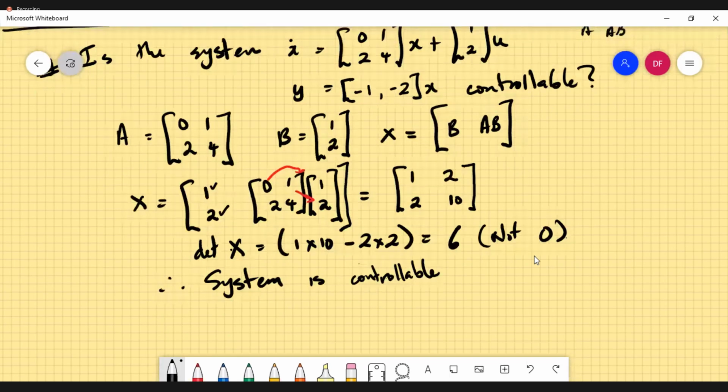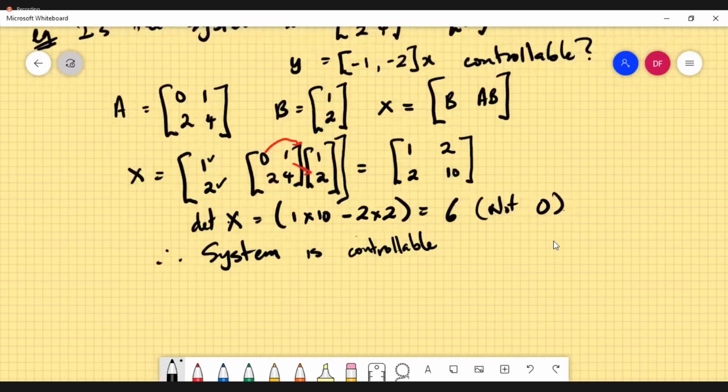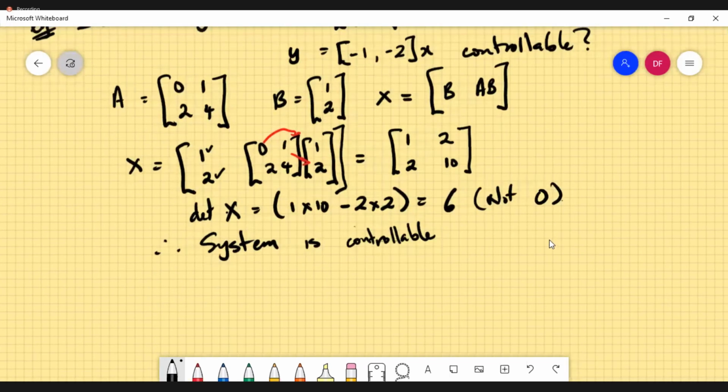If the system is not controllable, we are going to be working towards a result that we cannot reach.